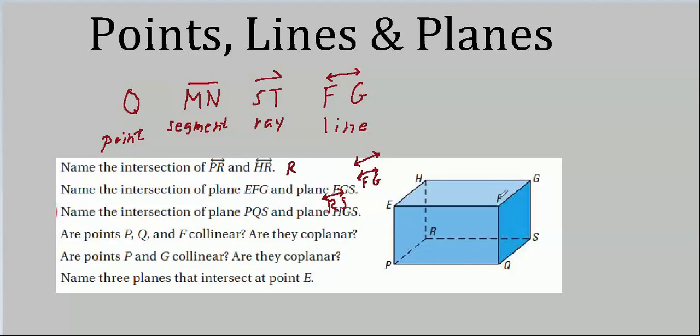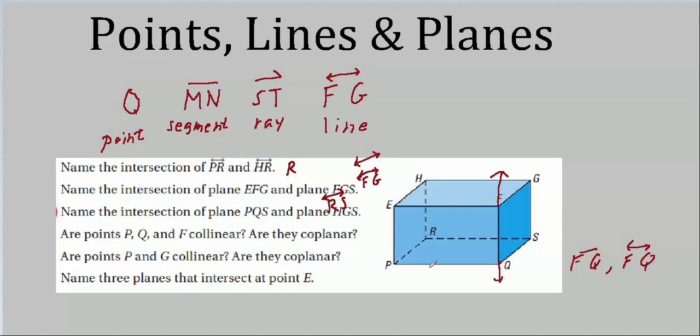For instance, it's perfectly legitimate to write the segment FQ, because we can just stop it right here. On the other hand, it's equally legitimate to write the line FQ. We just have to understand that now this thing takes off in both directions. But we label them almost the same. The little bar or line up on top is the giveaway.